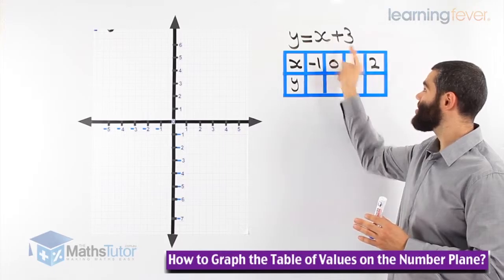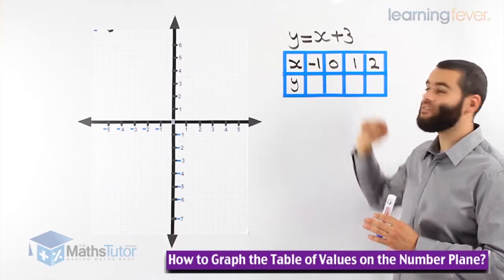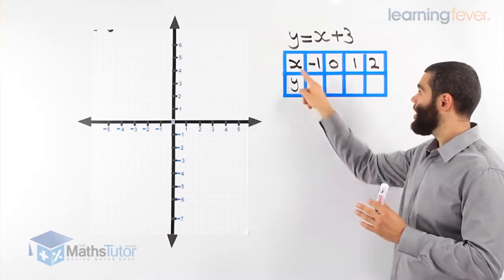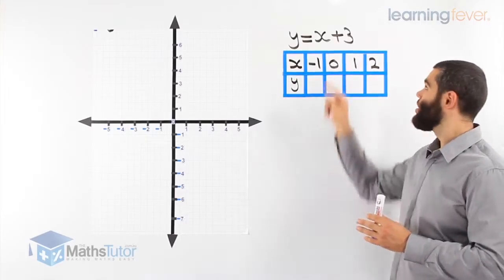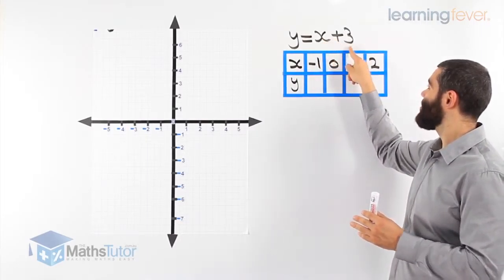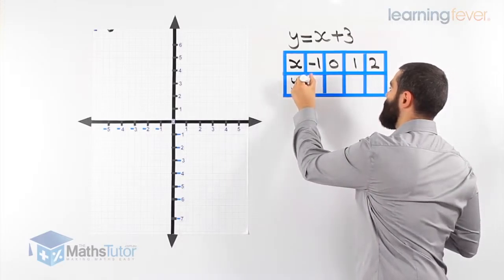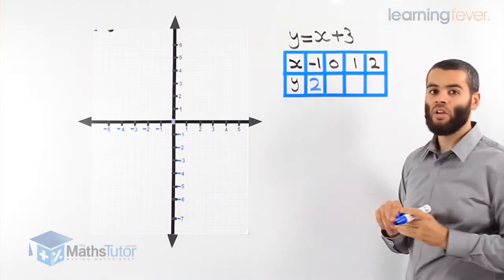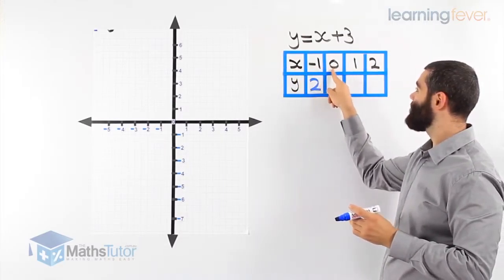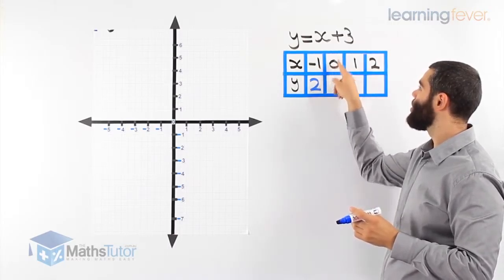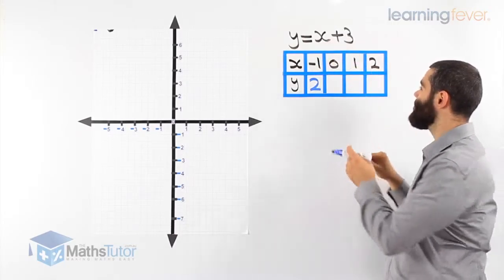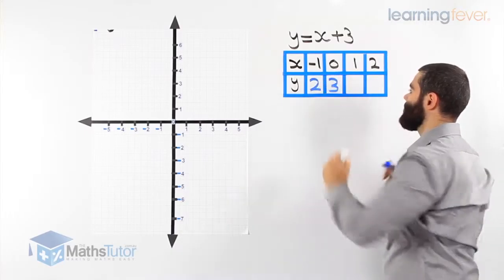y equals x plus 3. Well, we know that we have to substitute and replace. x in the first one is negative 1. Negative 1 plus 3, y will be 2. The next, x equals 0, so we replace x with 0. 0 plus 3 is 3.